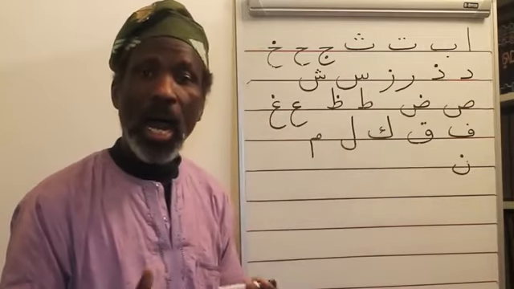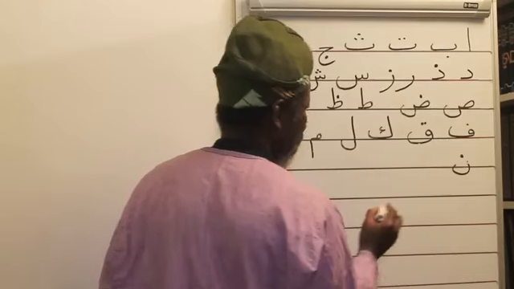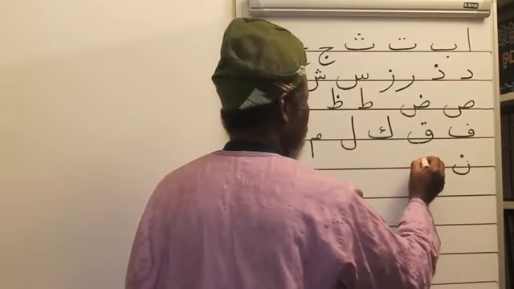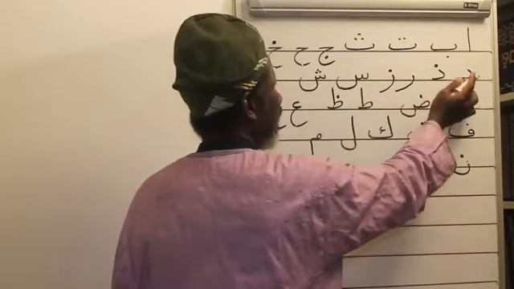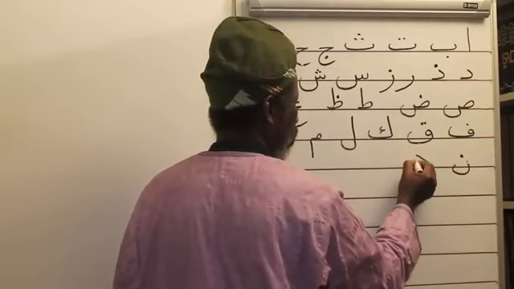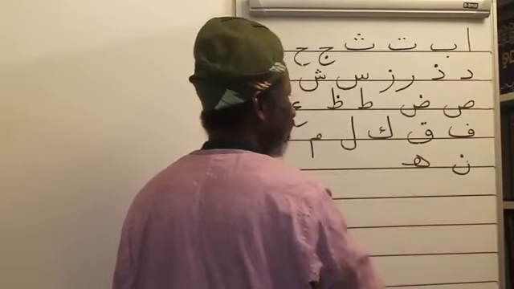Now is Ha. Let's see how we get that Ha. It's like a combination of this Dal, and then you go inside. That's your Ha.